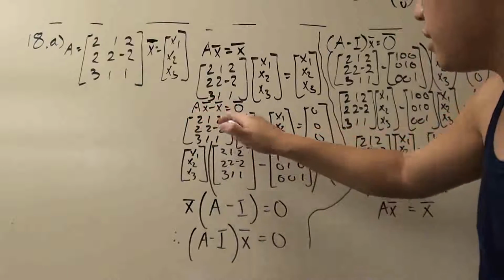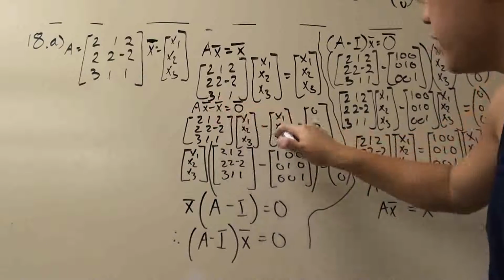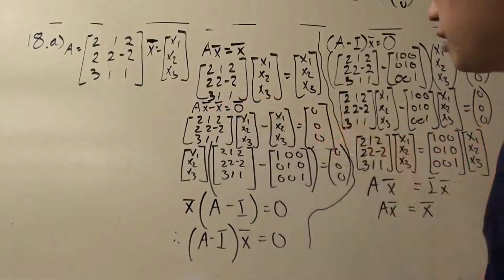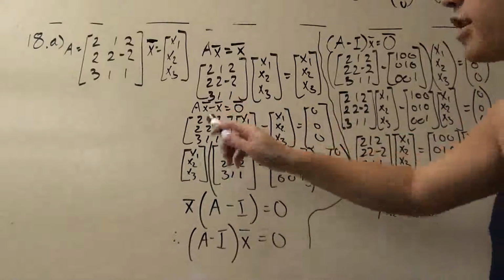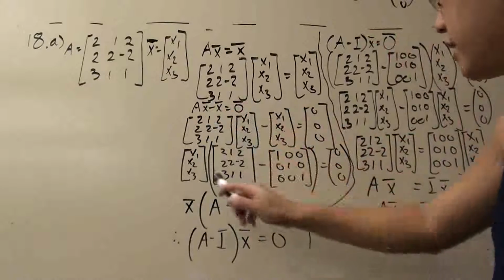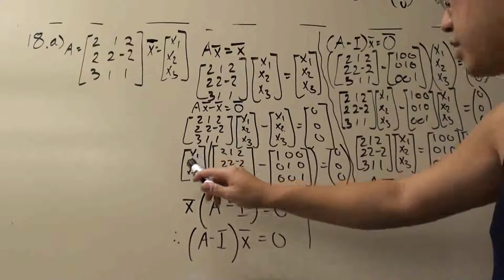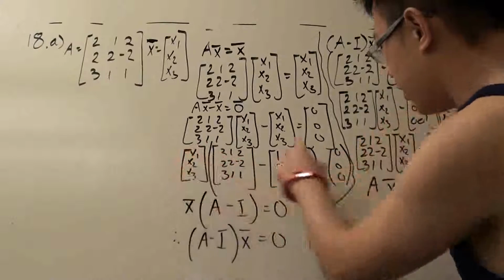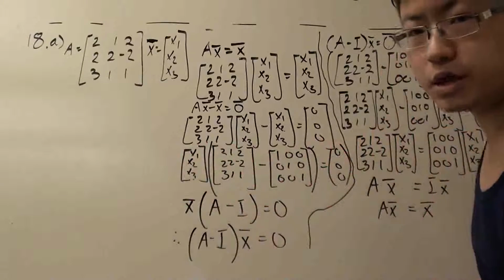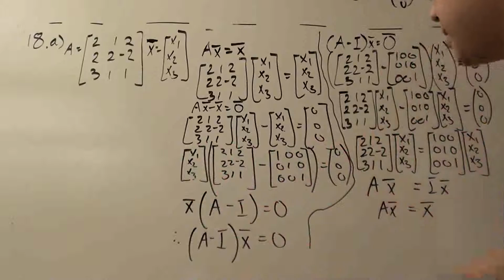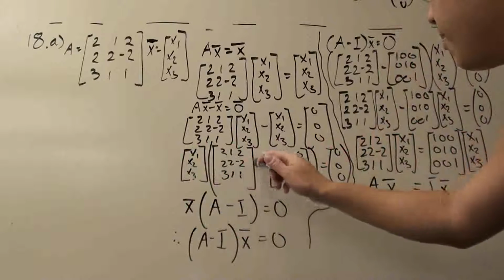So A times x vector minus this vector equals the 0 vector. Now, one thing you notice is I can factor out the x vector. If I do that, I'm going to get this, x1, x2, x3. Or you can factor out the other side, up to you. It doesn't really matter, but I did it in front because of the space. But then you have a minus.